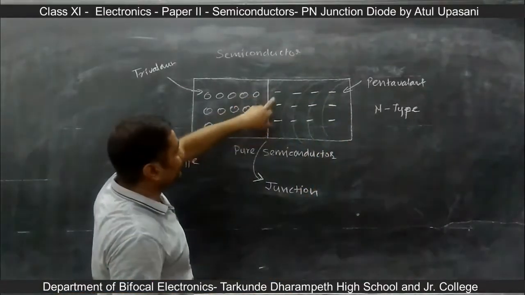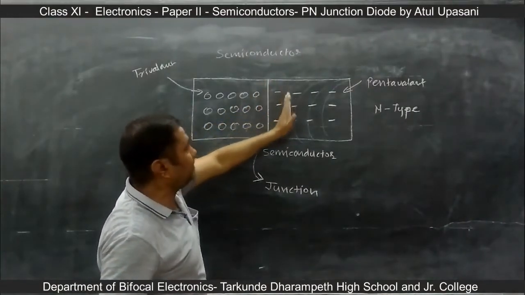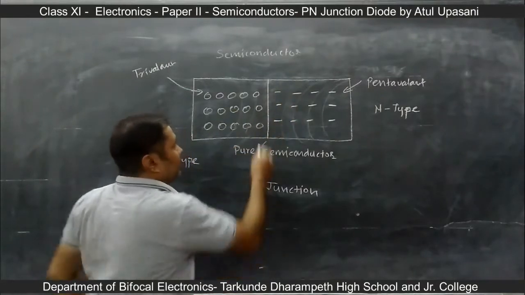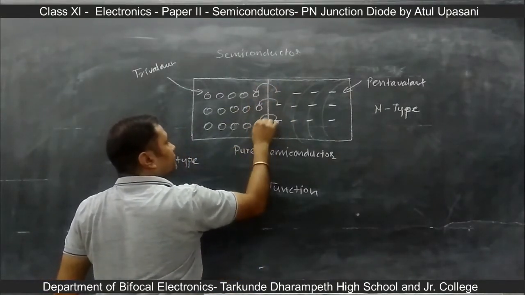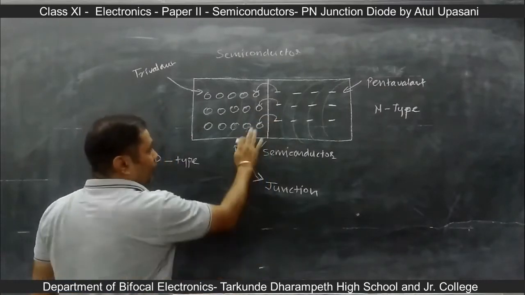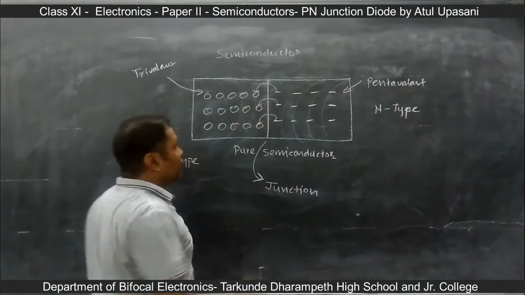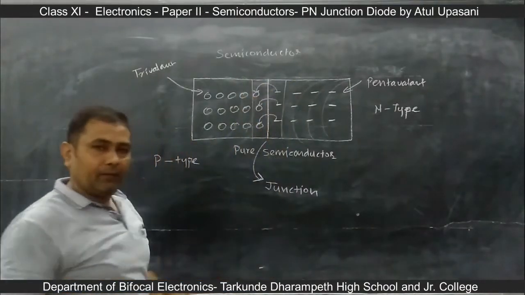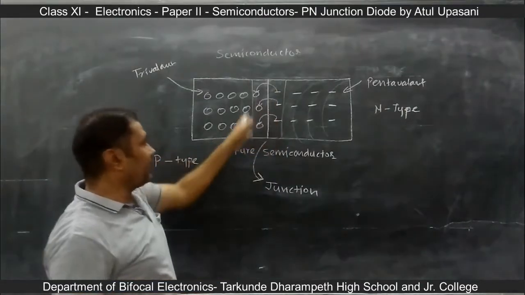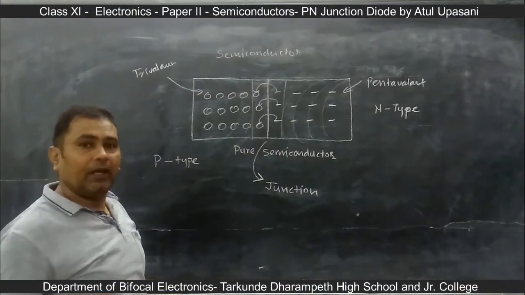At the edge, the electrons just beside the junction will fall on the holes. At the same time, holes from the p side will fall on the electrons. When this type of falling happens, electrons are taking the space of holes and holes are taking the place of electrons.